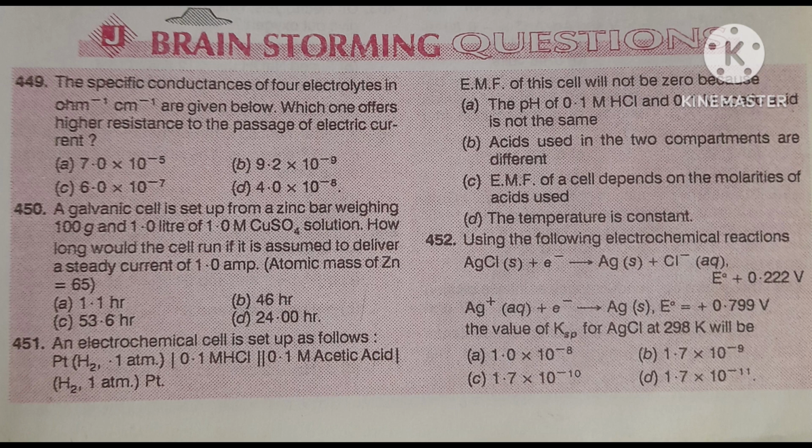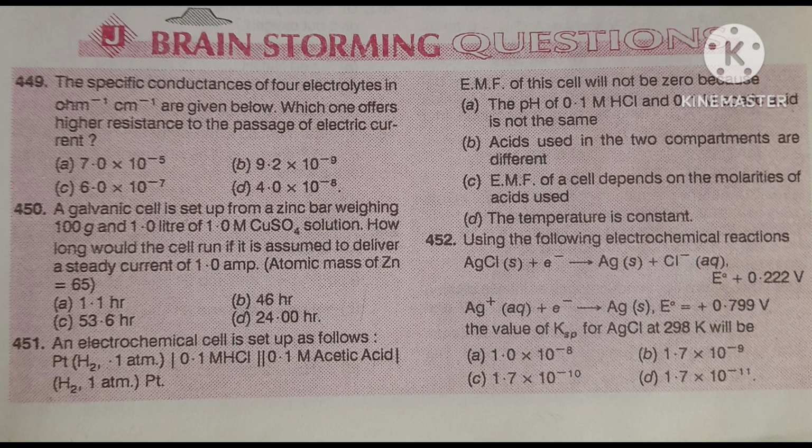AgCl solid, you know that in water it dissociates; after dissociation it will give Ag plus aqueous and Cl minus aqueous. This reaction you have to obtain from the given two reactions. How will you get it? By subtracting the second equation from the first equation. The standard electrode potential value also you have to subtract.